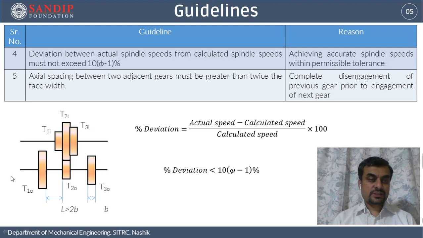It can be illustrated by the same diagram. Right now the second pair is engaged, and if we assume that the face width of all the gears is equal to B, then if we are trying to engage the first pair, we will have to move this change gear block to the left hand side.